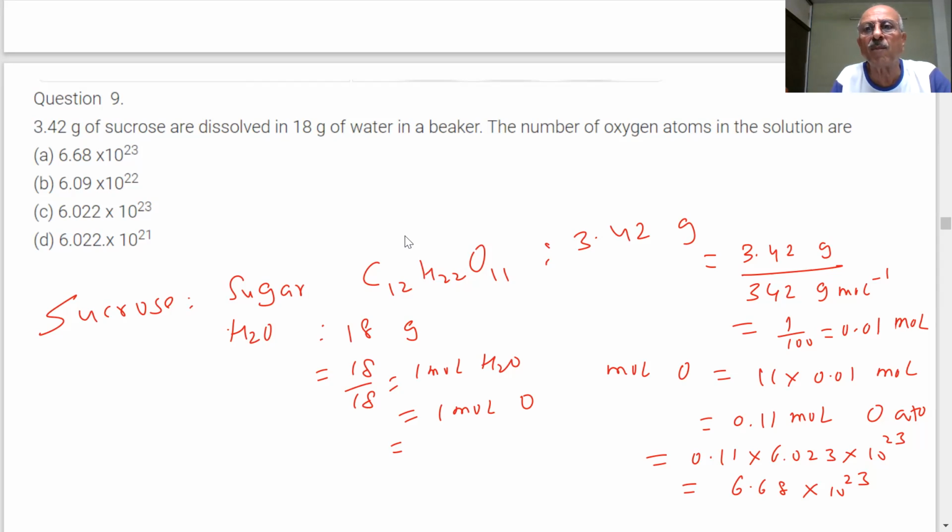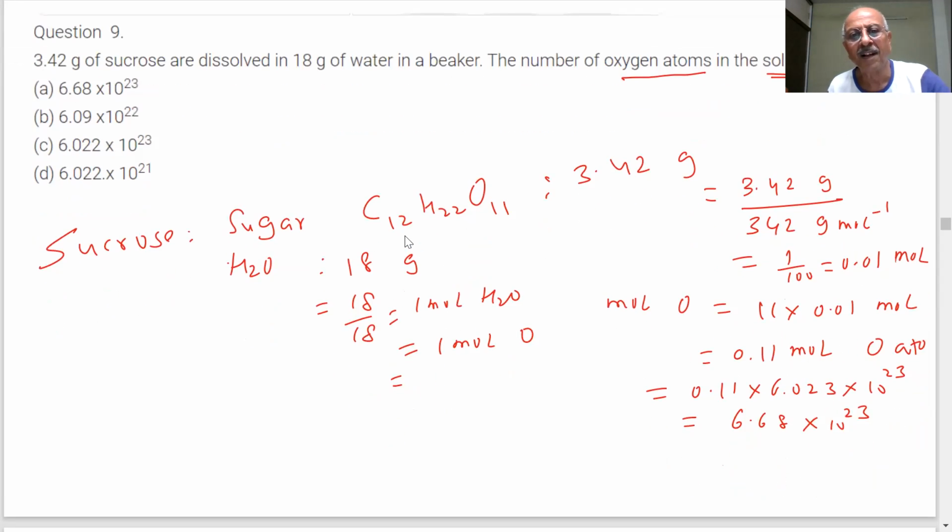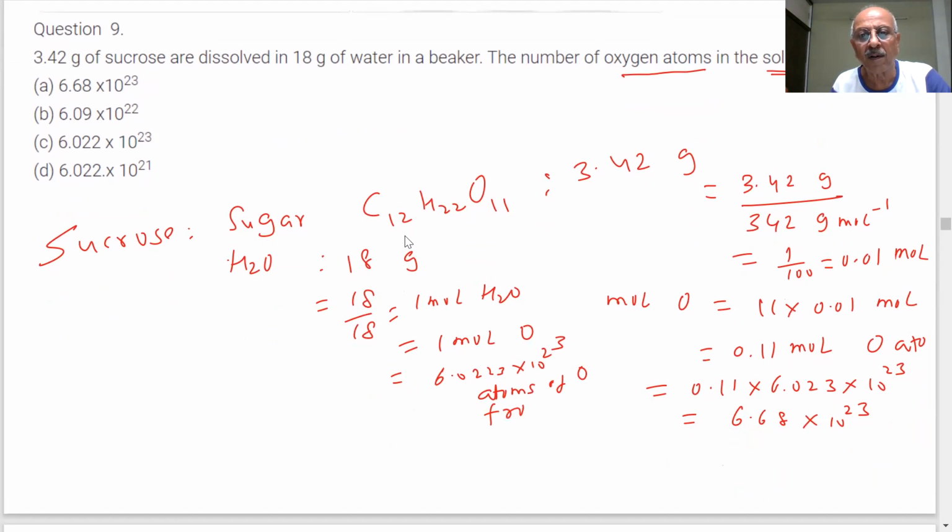He is saying the number of oxygen atoms in the solution. Now the solution has two things actually. So water is also present. Water also has oxygen. If I calculate this, it will be 6.022 into 10 power 23 atoms of oxygen also from water, from H2O.